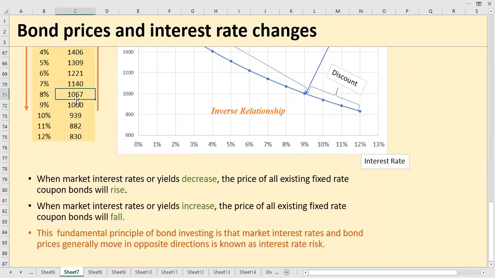But due to some economic conditions, what if the required rate of return increases up to 11%? Then your price will decrease down to 882 rupees. So that is the risk we are facing as a bond investor. That particular risk, we call it interest rate risk.